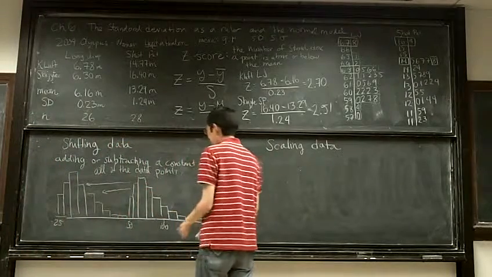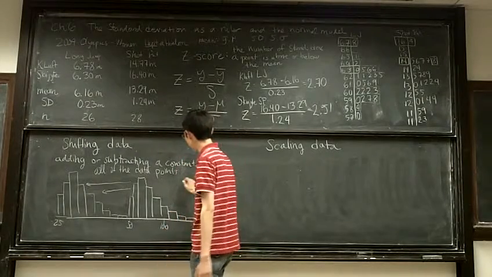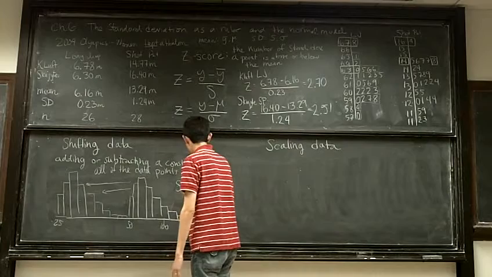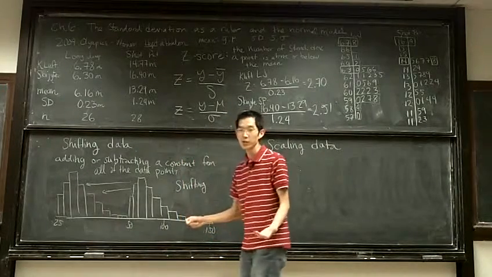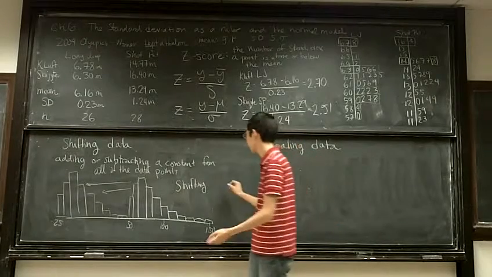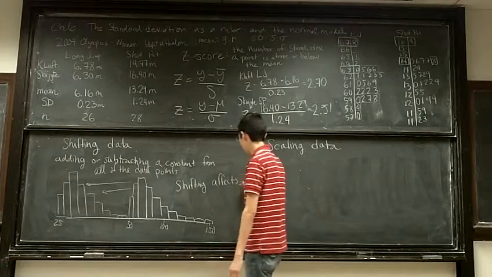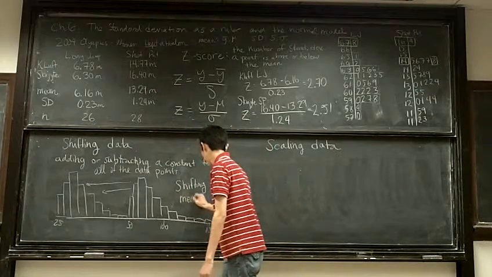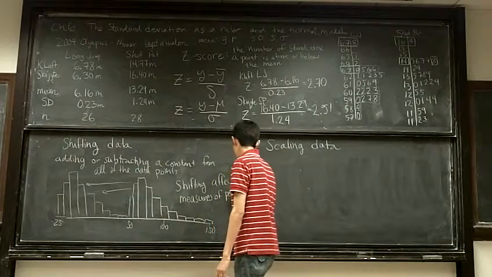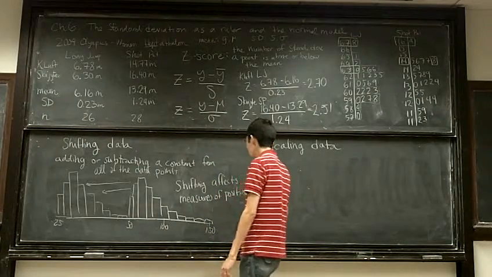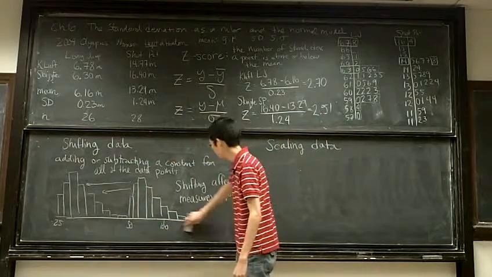So shifting only affects measures of position. Position are things like the center, the quartiles, the minimum, and the maximum.